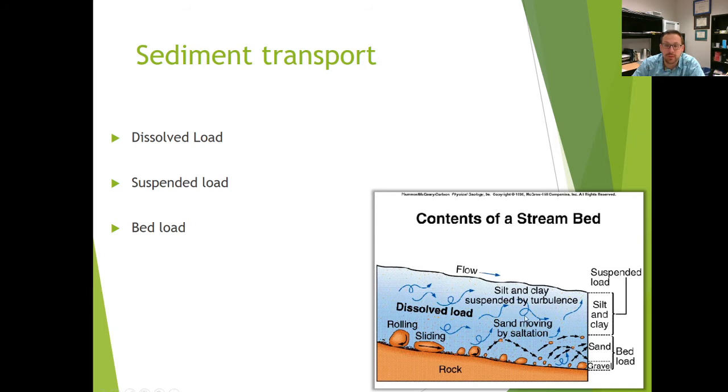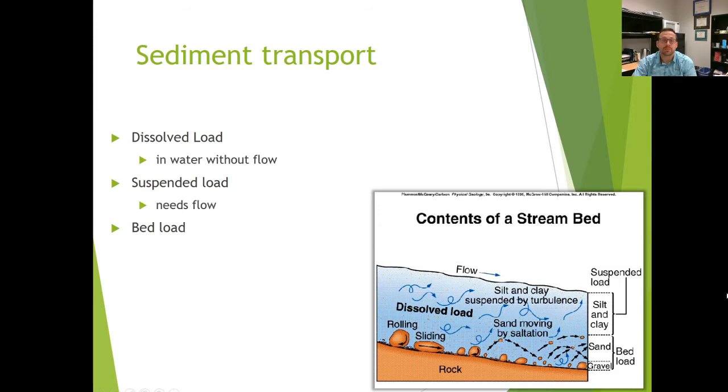Suspended load, which are the smaller particles, and then the bed load is the bigger rolling, sliding. Saltation comes from the Latin word, well, I know it in Spanish at least, saltar, to jump. So it's the smaller rocks, bigger rocks that are rolling, sliding, and bouncing down the stream.